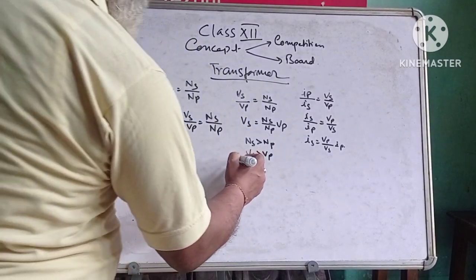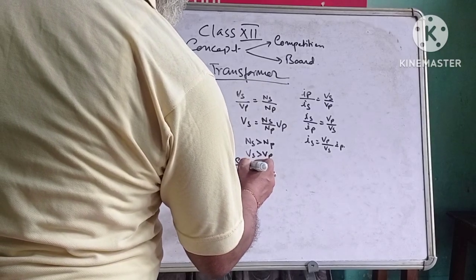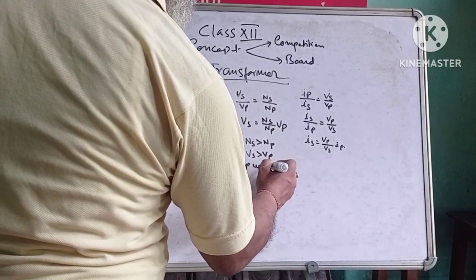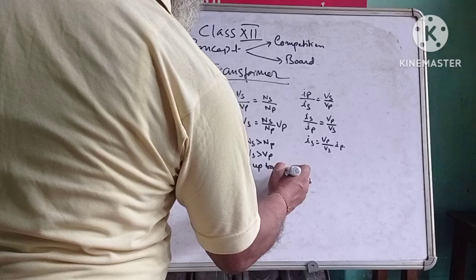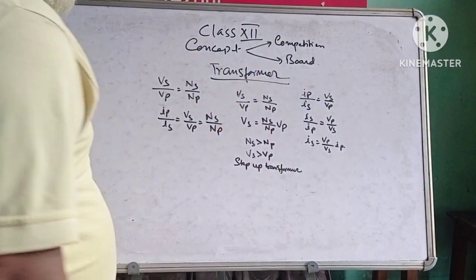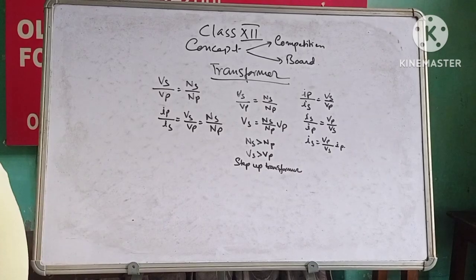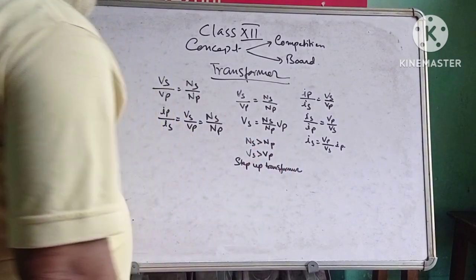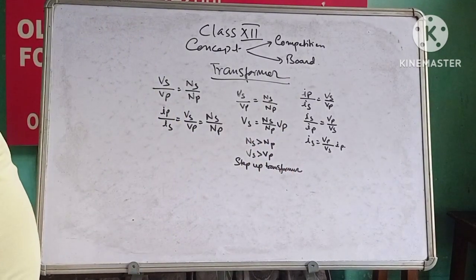So it is a step up transformer. If Ns is greater than Np, then Vs will be greater than Vp, so it is a step up transformer.